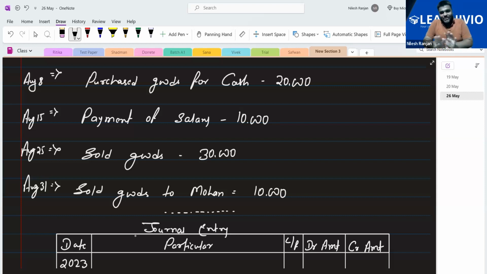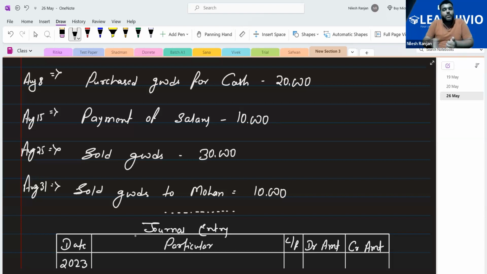I know that you understand the journal entry. You have studied these things, but I just want to know the reason behind these explanations, why we are writing purchase account on the debit side. Because if you know the explanation part, if you know the logic behind all the journal entries, then it will be very easy for you to understand, not remember. You don't have to remember all the journal entries. So tell me why we write purchase account on the debit side.